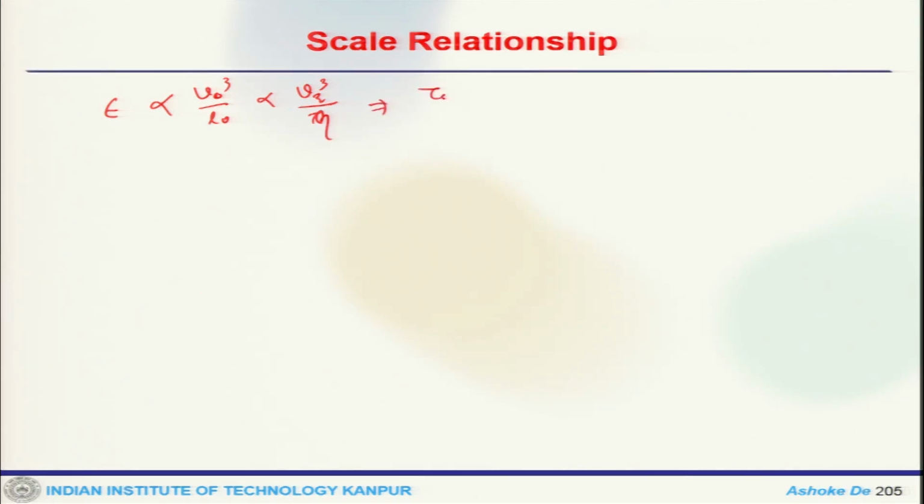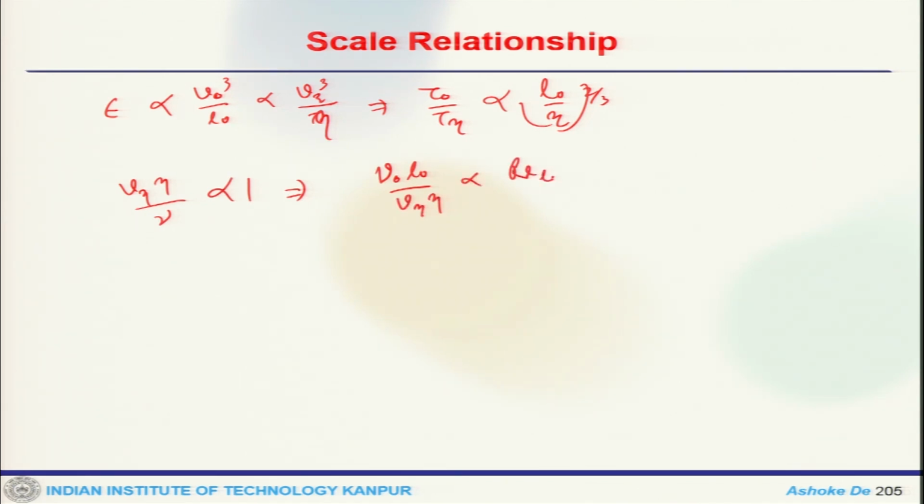So finally tau naught by tau eta is proportional to L naught by eta to the power 2/3. Similarly, V eta eta by nu is 1, which will give us V eta proportional to Re by L naught.